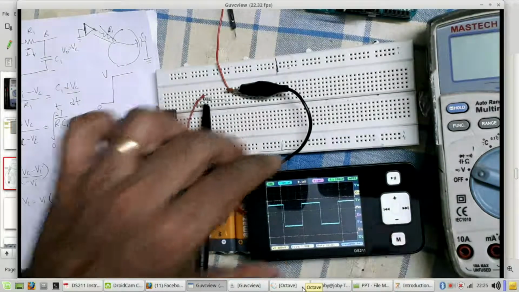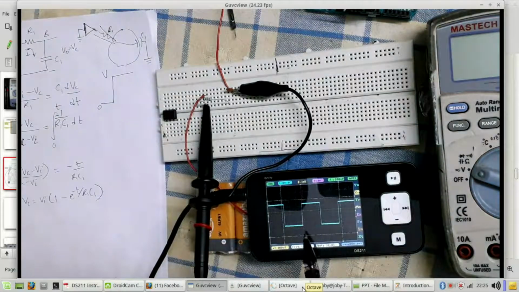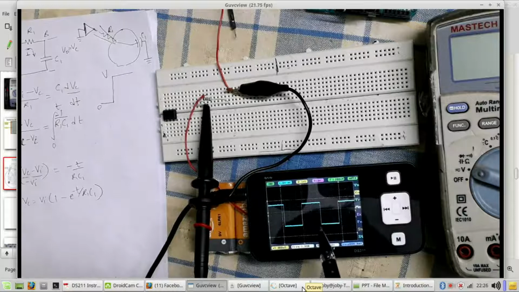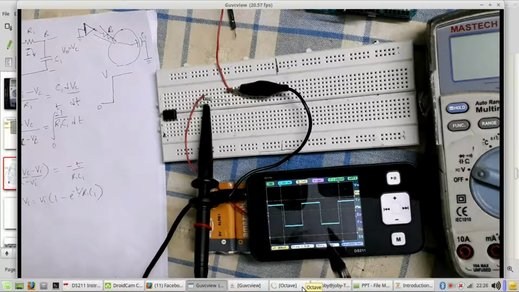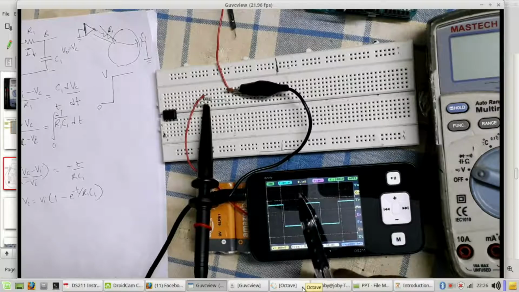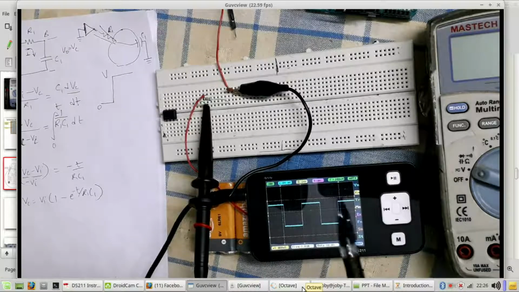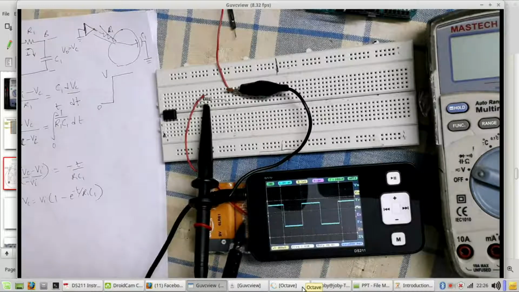If you go to this time scale, you can measure the period, which is 0.1 milliseconds per division. So 1, 2, 3, 4, 5 divisions. So that is 0.5 milliseconds, approximately 2 kilohertz, right? So that is observed here, a 2 kilohertz waveform. So the oscilloscope is currently measuring the output of the signal generator, which is 2 kilohertz.